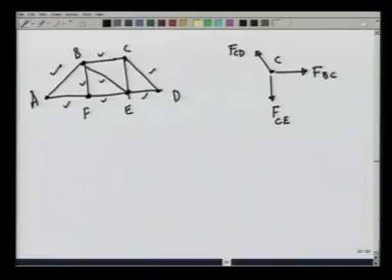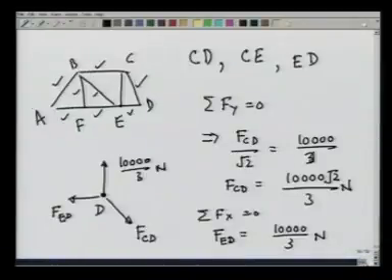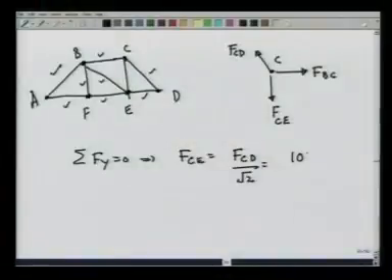Right away, you can see that summation Fy equal to 0 would give me FCE to be equal to FCD over root 2, and we have already calculated FCD to be 10,000 root 2 over 3 newtons, and therefore, we get this to be 10,000 over 3 newtons.